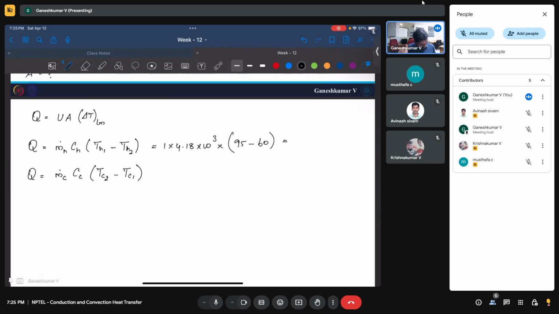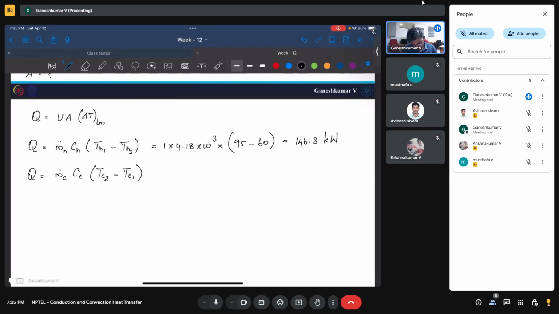How much is this coming out to be? I'm getting something like 146.3 kilowatts. This is the total heat transfer happening in this heat exchanger, so this is not going to change.